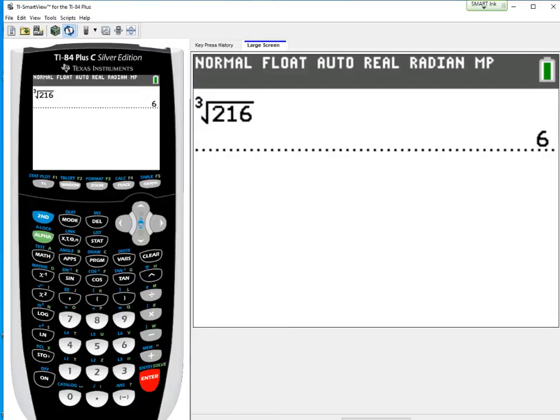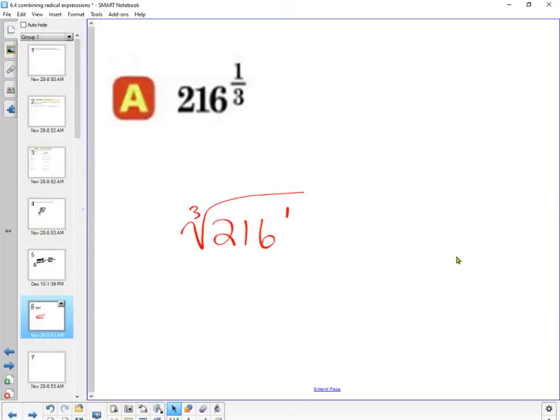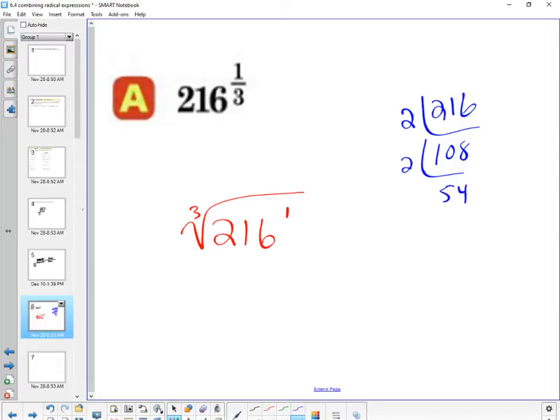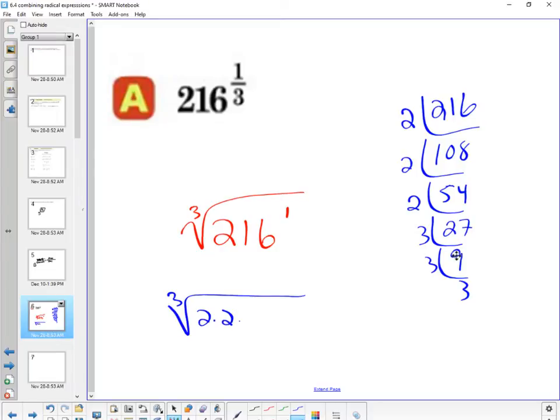Yeah, I could do it the other way too. This is for all you people that love the math here. 216 divided by 2 is 108. Divide by 2, that would be 54. Divide by 2, that would be 27. Divide by 3, that would be 9. Divide by 3, that would be 3. Which means I've got the third root of 2 times 2 times 2 times 3 times 3 times 3.